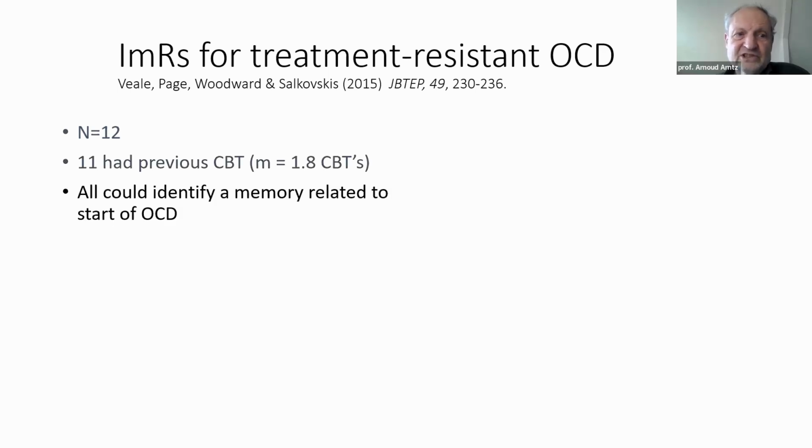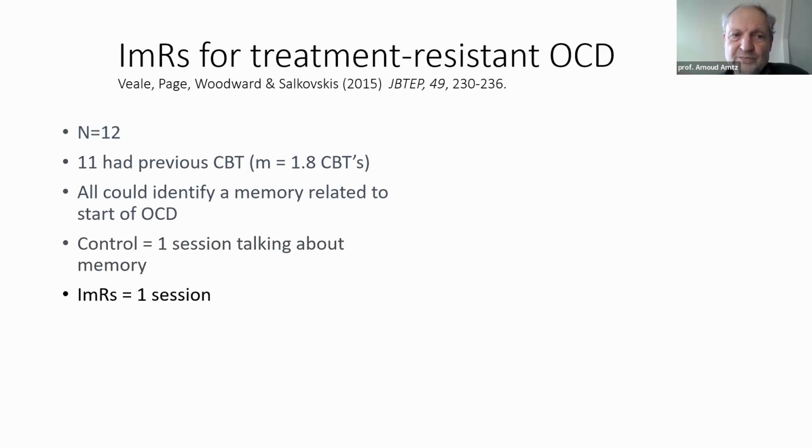And all of these cases, interestingly, could identify a memory related to the start of the obsessive compulsive disorder. And that memory was taken to rescript. And it was preceded by a control session where they talked about the memory. So there was attention to the memory with no active treatment.